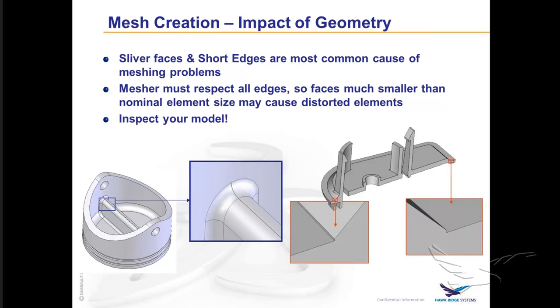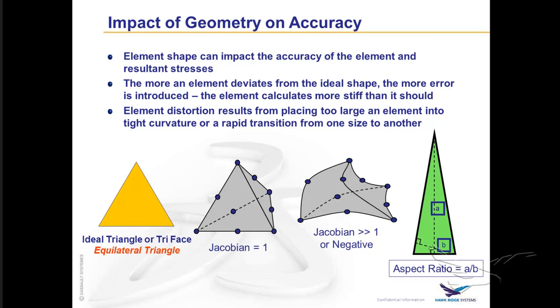So it's always important for us to inspect our model. Inspect it before, inspect it during, inspect it after. And the reason why this is important is that if we try to use too large elements and fit them into these tight locations, we can end up with elements that deviate from the ideal shape. So ideally, we want a triangle that's equilateral, all sides equal.